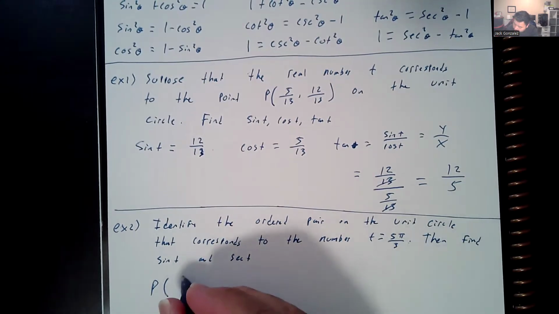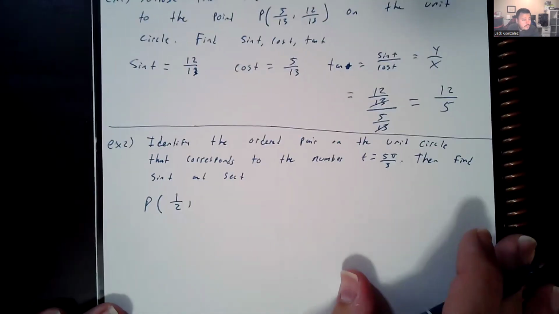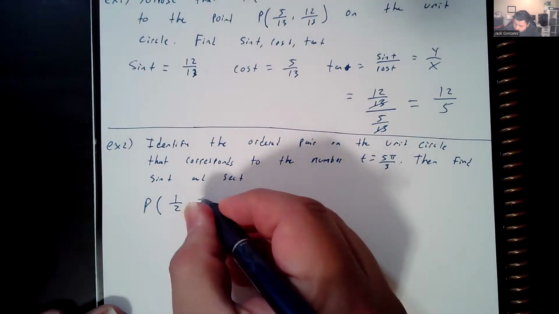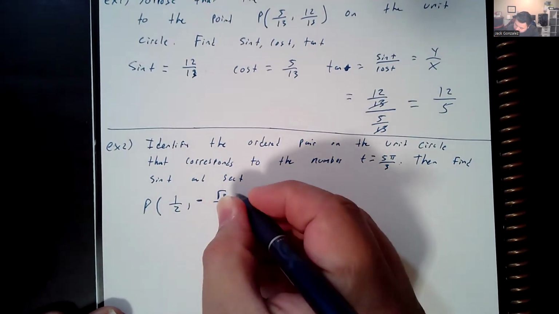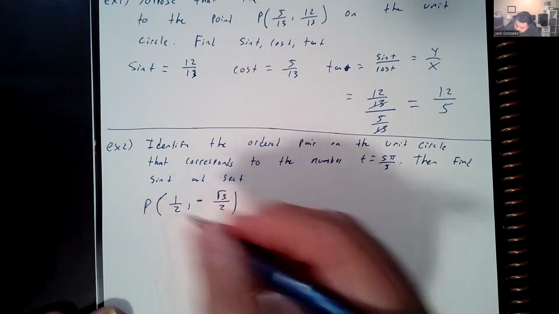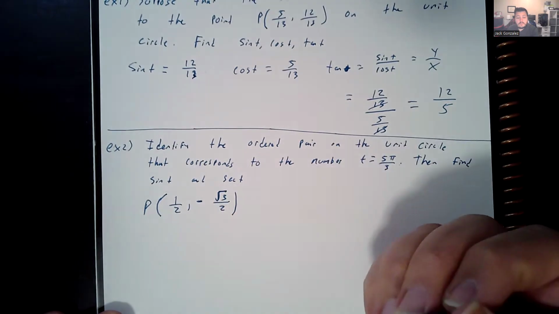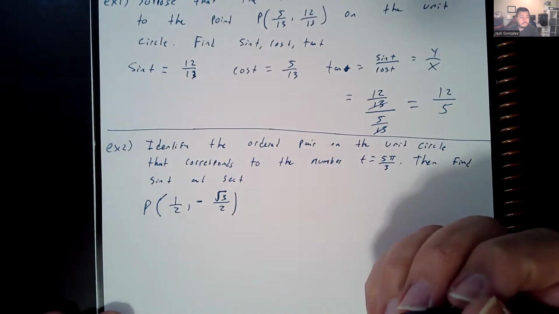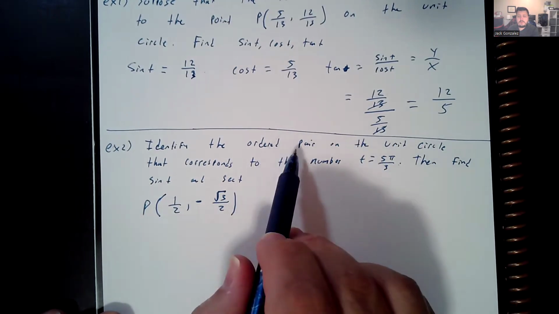It's going to be 1/2 and negative root 3 over 2. So that's the point that they're asking about, the ordered pair on the circle.